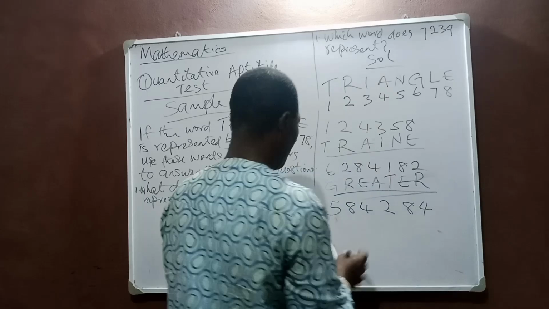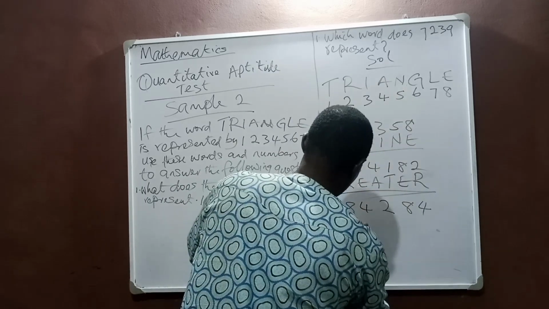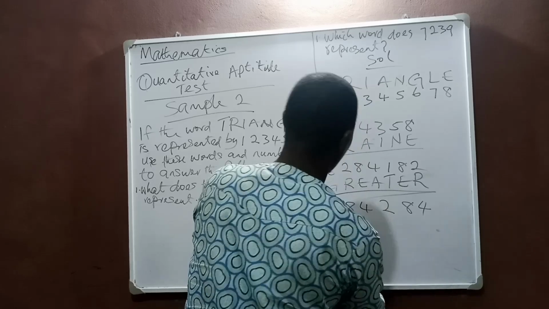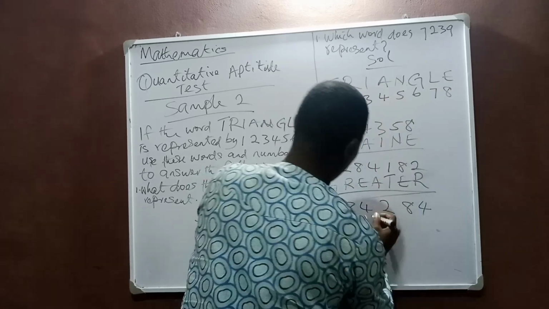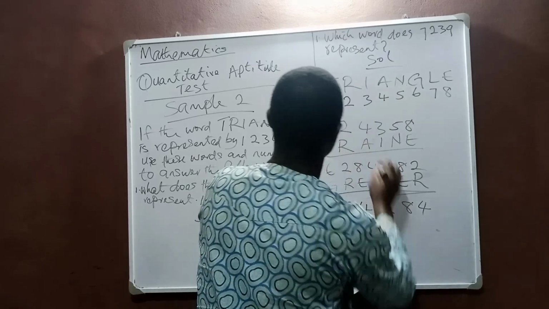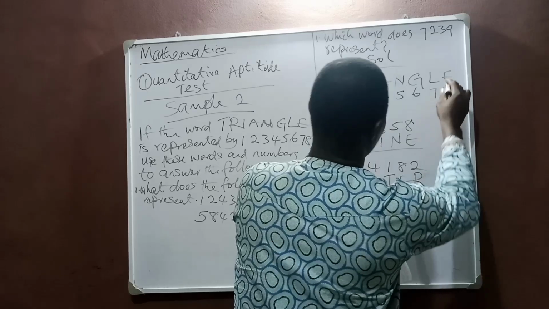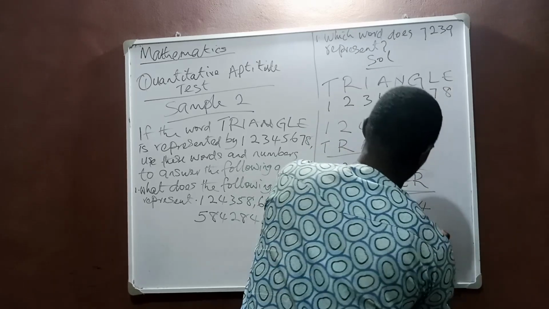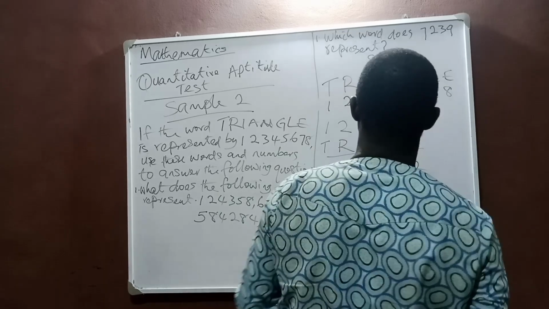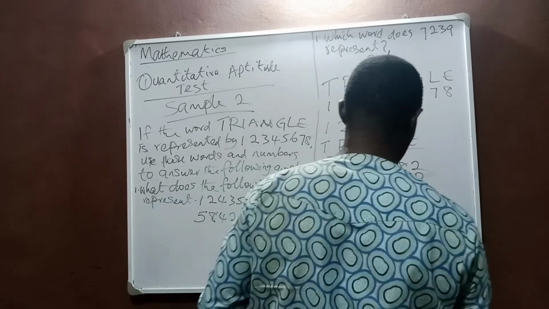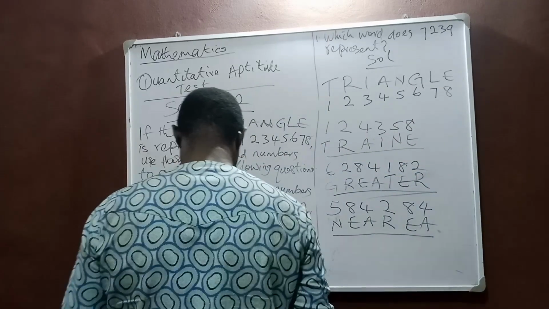Trace it from the same sample. 5 stands for N. 8 stands for E. 4 stands for A. 2 stands for R. 8 stands for E. And 4 stands for A. So this is how you solve this question. This is the answer for this one from the second sample.